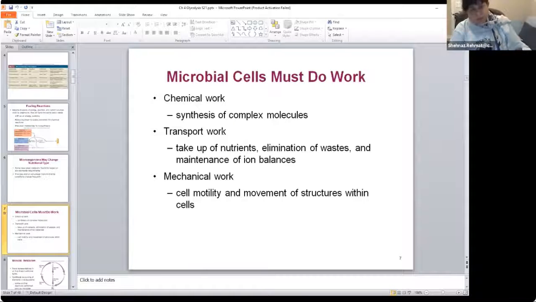So cells must do work, we know that, and what is this work that we are talking about? What kind of work do they do? They have to do chemical work, where they synthesize complex molecules.